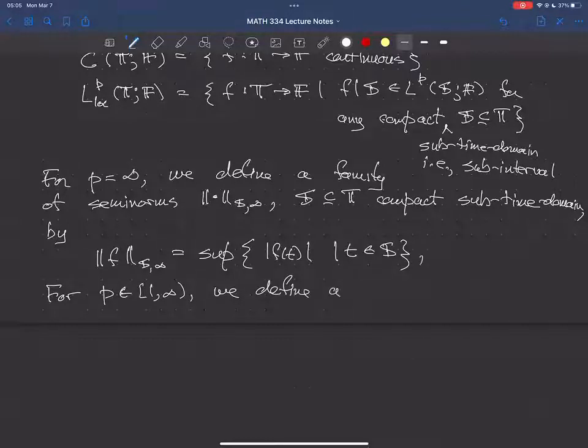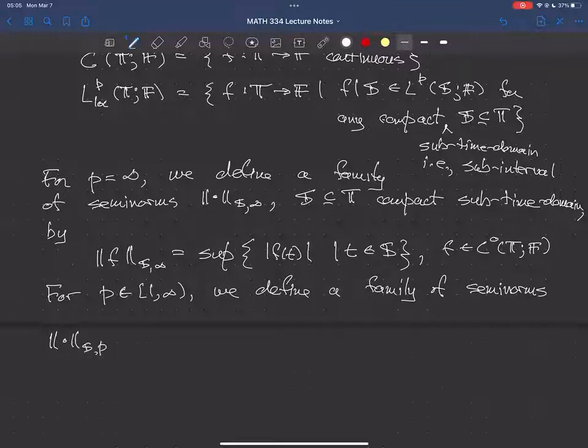I neglected to say here, I'm sorry, F here is in C0. So again, we define a family of seminorms.